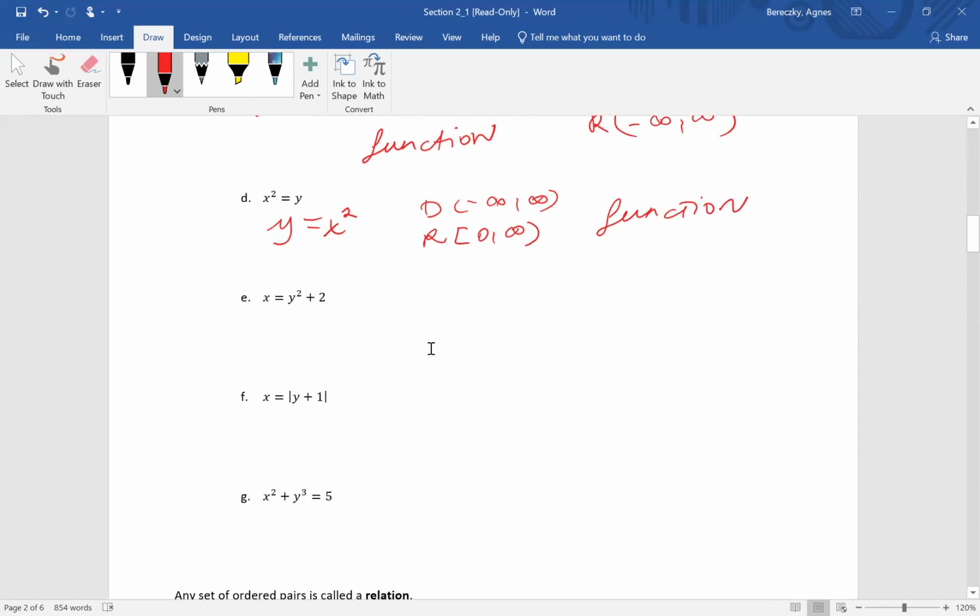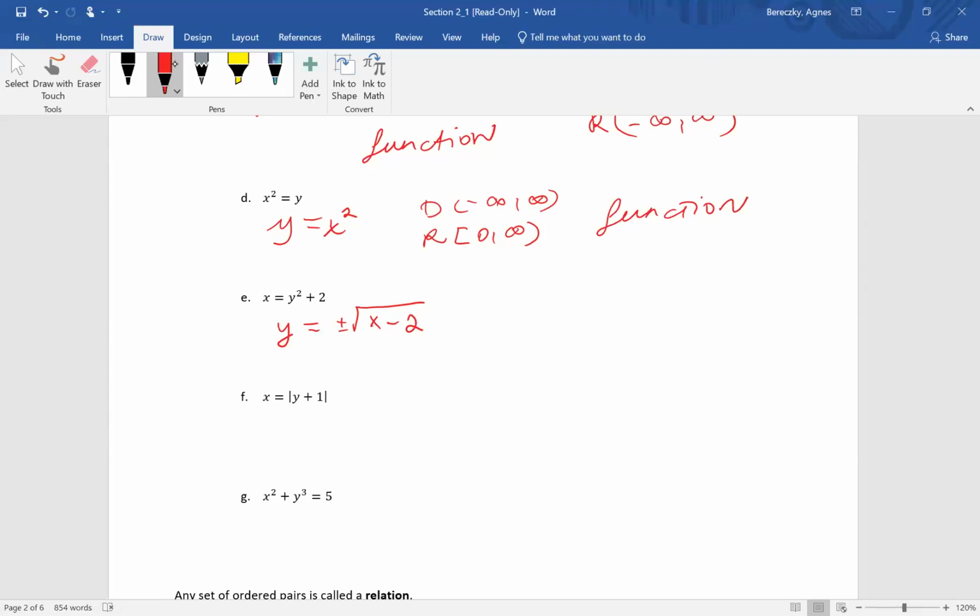Third example, if I would like to express y, rearranging the equation, it will be plus or minus the square root of x plus x minus 2. Because of the plus or minus, if I have one x value, if I have an input, I can have two outputs going with the same input.